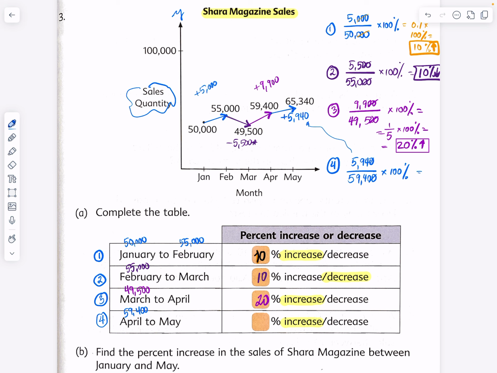And we know that again, this is 1/10 times 100% equals 10% increase, 10% improvement in magazine sales. Look how it went step by step, comparing the change to our benchmark month, dividing by what we're comparing to.